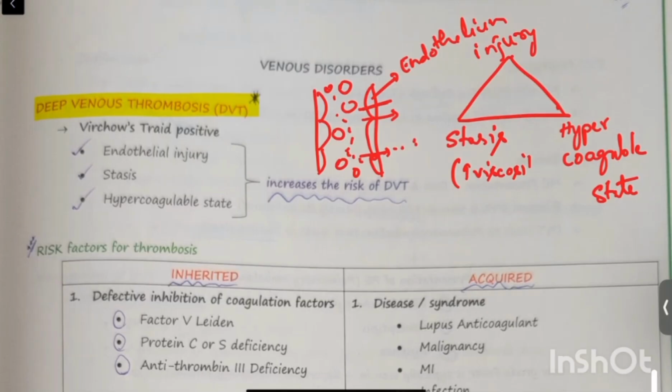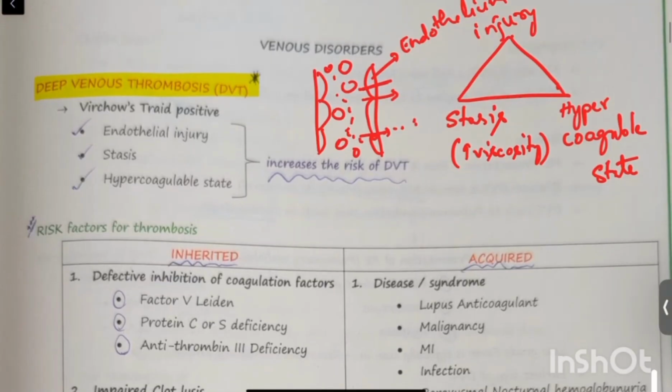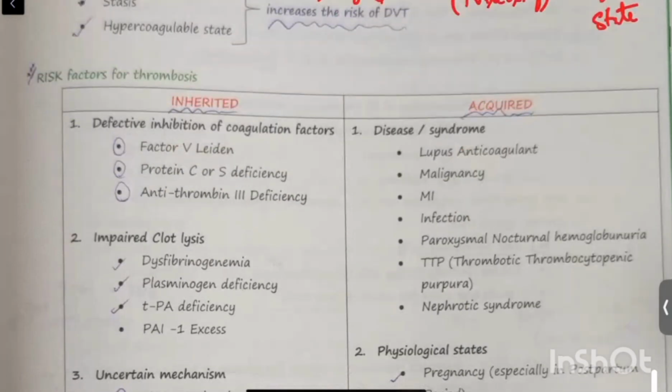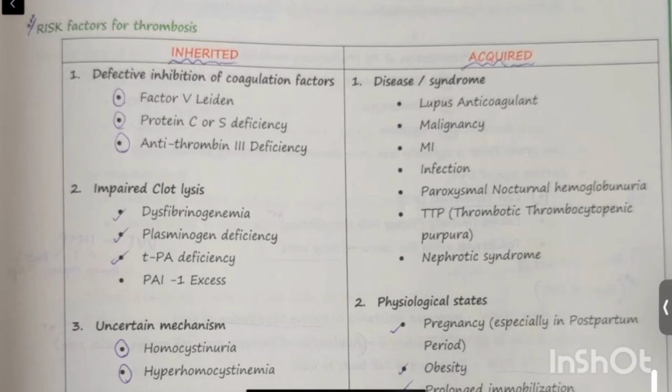So these three factors, endothelial injury, stasis and hypercoagulable state, are known as Virchow's triad, which poses an increased risk, or a causative factor, for deep vein thrombosis.